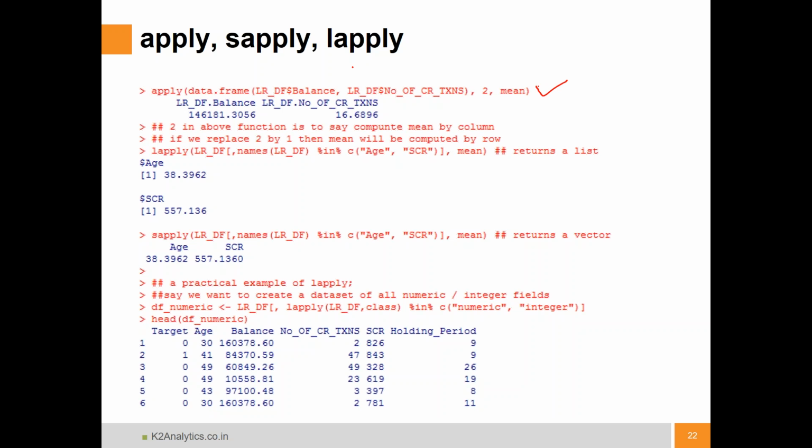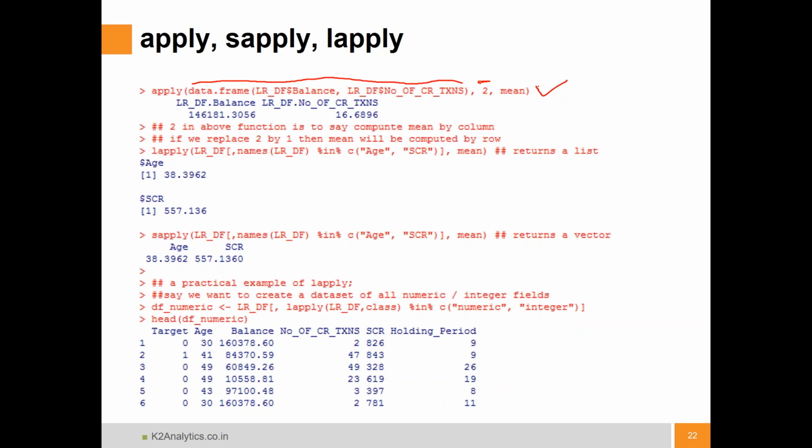So here what I'm saying is this is the data frame, two specific columns I'm passing. I'm using the number value 2. So here, as I said, in R we have row position and column position. First is row position, second is the column position.